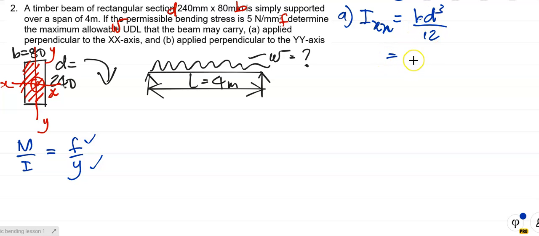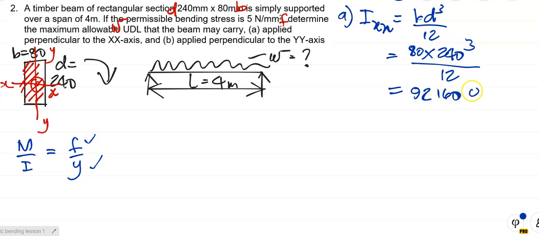And it is 18 times 240 cubed over 12. And it is equal to, check your answers against mine, I get 92160 millimeters to the fourth.